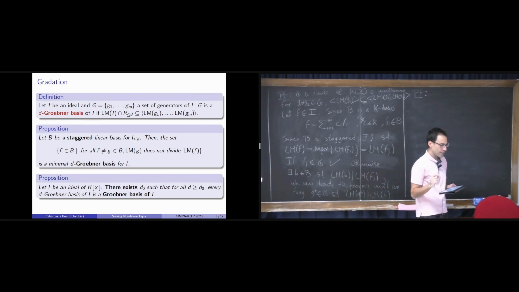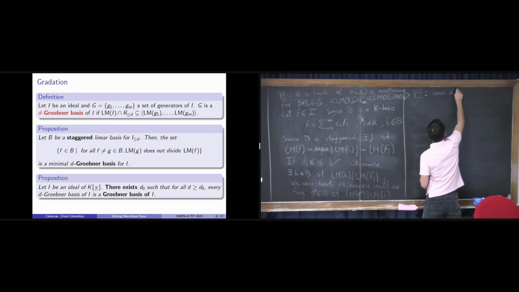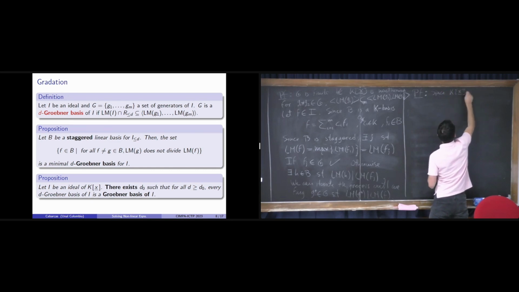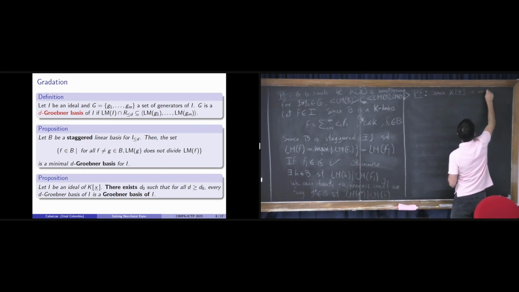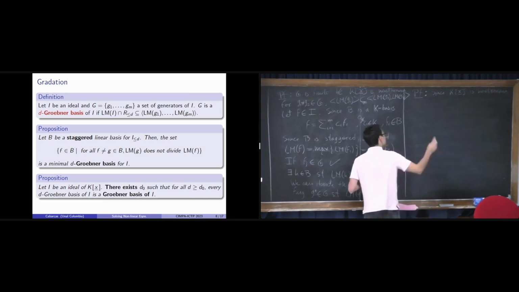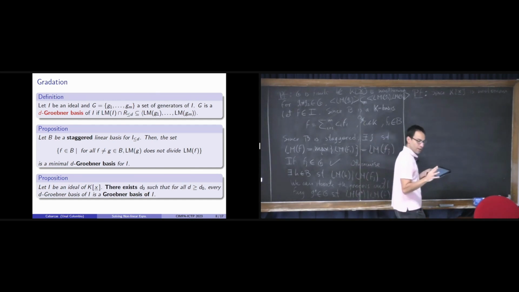Again, we're going to use the fact that the ring is Noetherian. So, since the ring is Noetherian, we consider the following chain of ideals. Let's consider this chain.